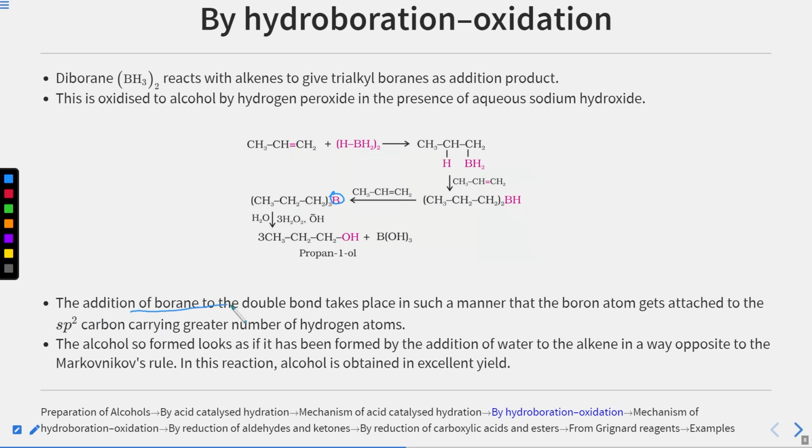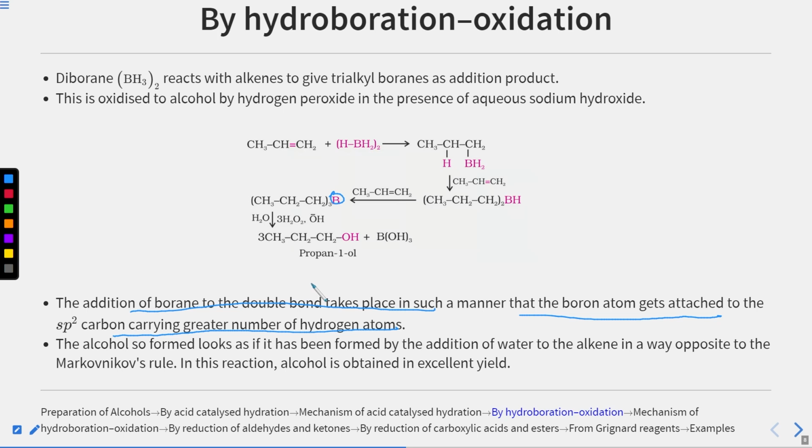So the addition of borane to the double bond takes place in such a manner that the borane gets attached to the sp2 carbon carrying the greater number of hydrogen atoms. Okay, so this is a general statement. Here do not look for the stable or unstable carbocation, look for the less sterically hindered carbon. Less sterically hindered carbon will get our BH2.